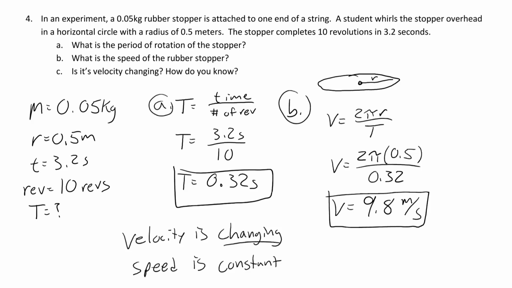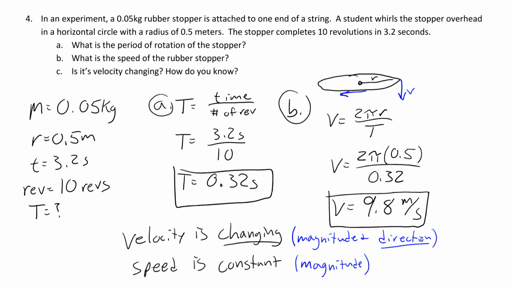Remember, velocity is a vector. Vectors have magnitude and direction, whereas speed is just the magnitude. So even if this thing has a constant speed, we're talking about the direction changing. You're moving in a circle. At this point, it's here.